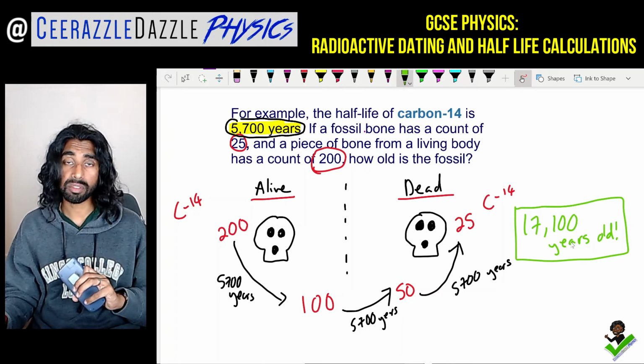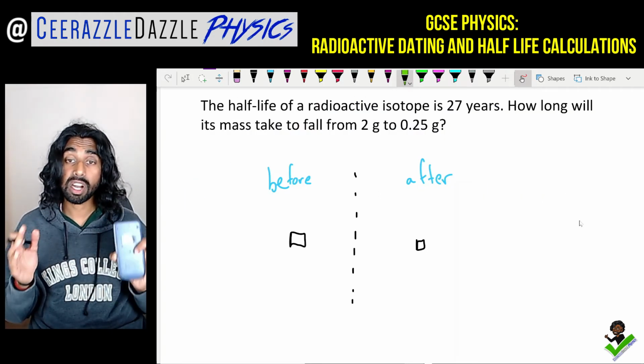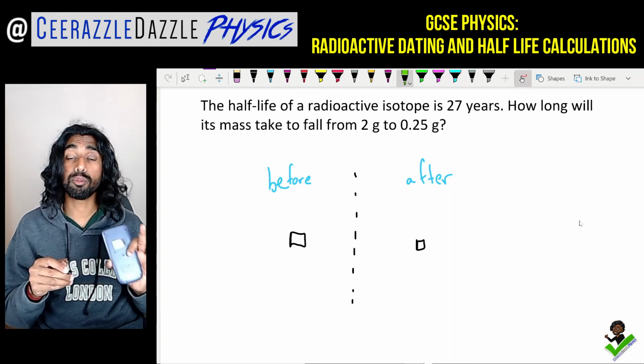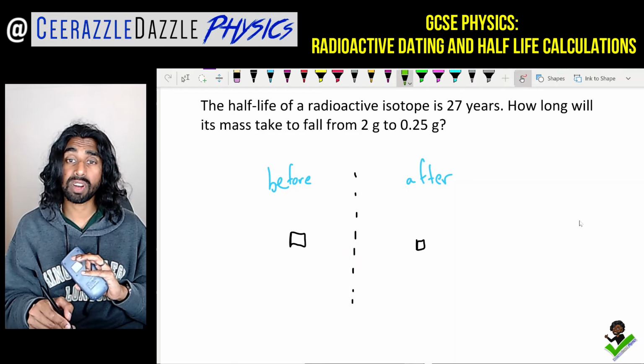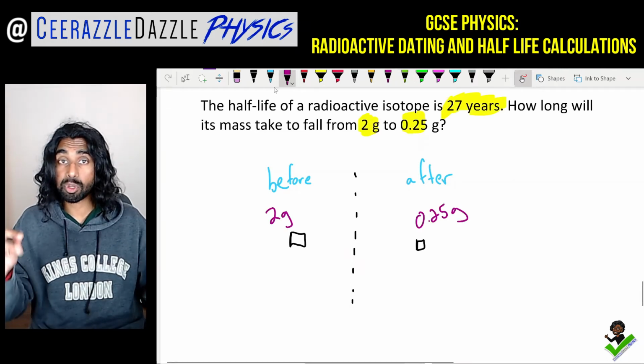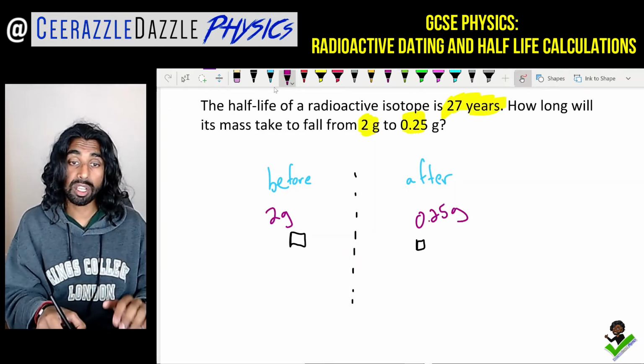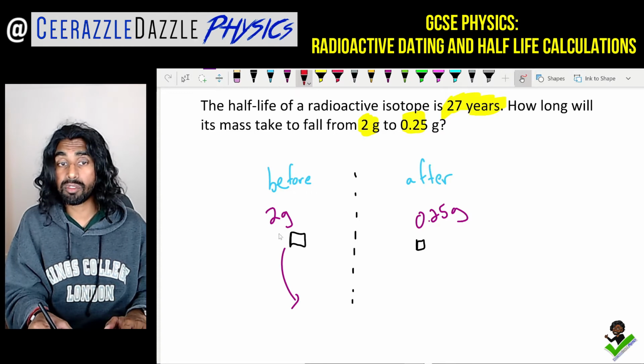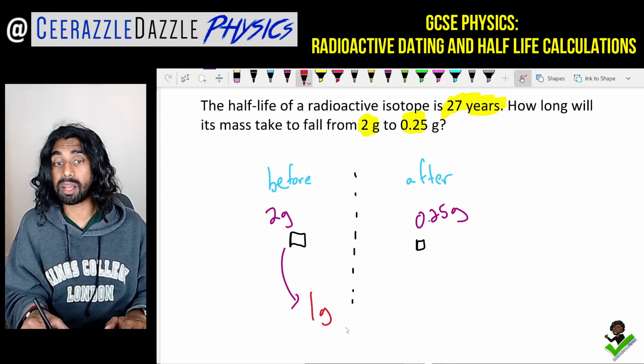What about this question? The half-life of a radioactive isotope is 27 years. How long will its mass take to fall from 2 grams to 0.25 grams? Okay, so looking at how much we had at the start compared to how much we had at the end, we've got 2 grams at the start. After the first half-life, we'll end up with how much? Half of 2, we're going to have 1 gram.